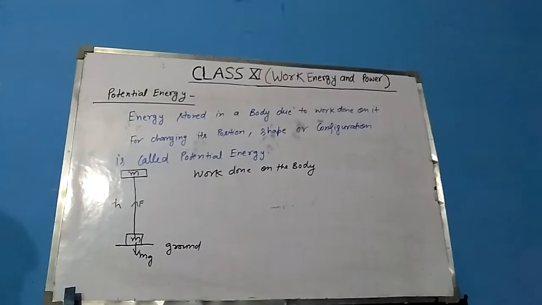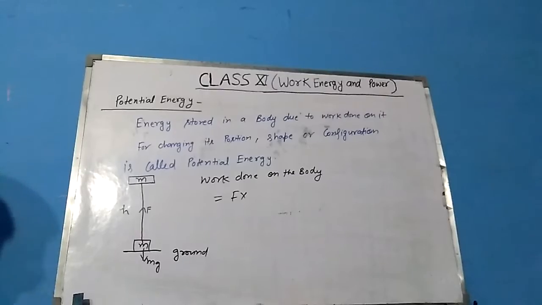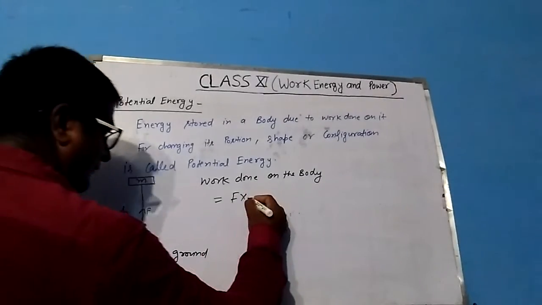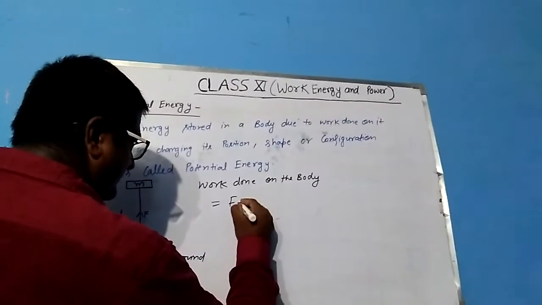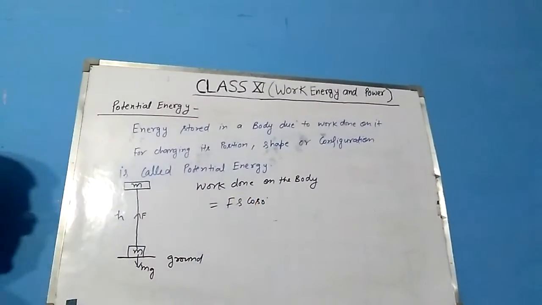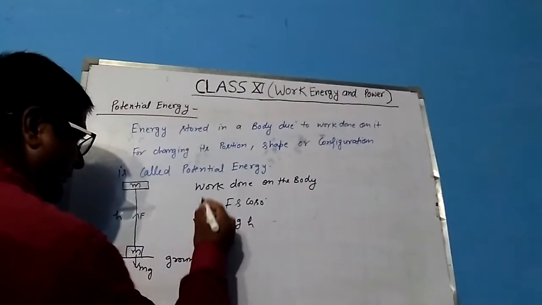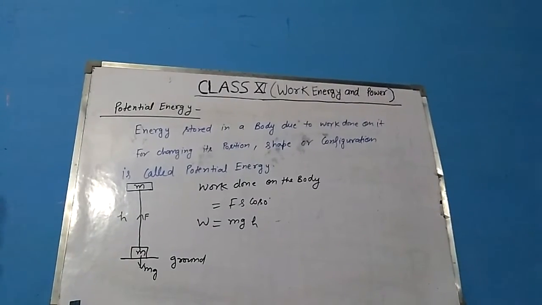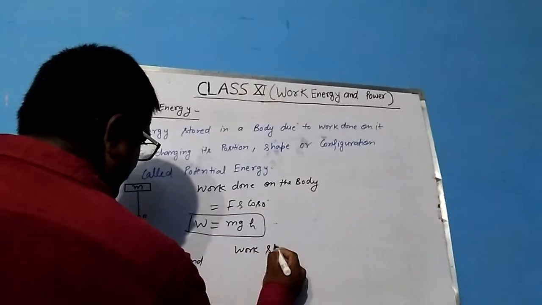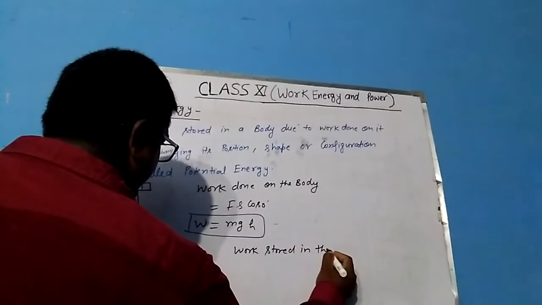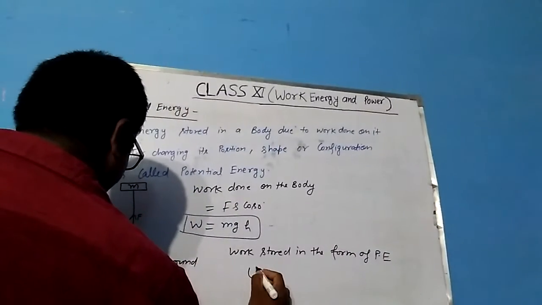Work done on the body is force into displacement, Fs cos 0. Cos 0 value is 1 and force equal to mg, displacement s is h. So work done becomes mgh. This work done is stored in the form of potential energy. So potential energy U equal to mgh.